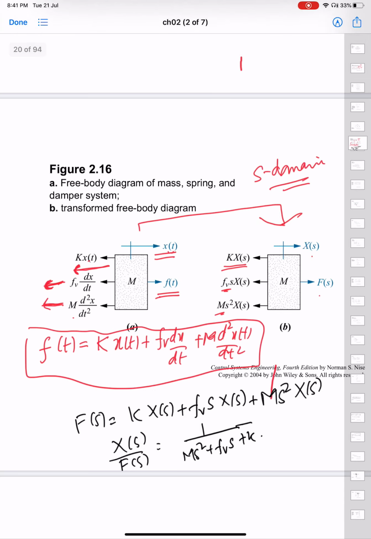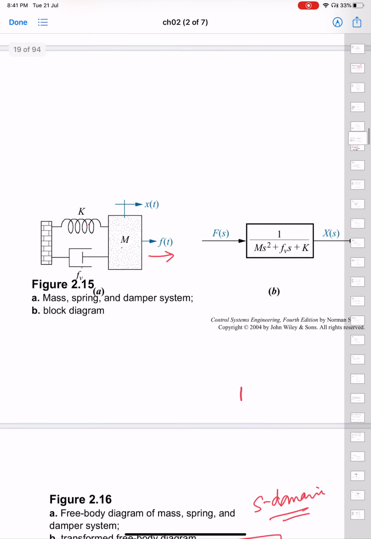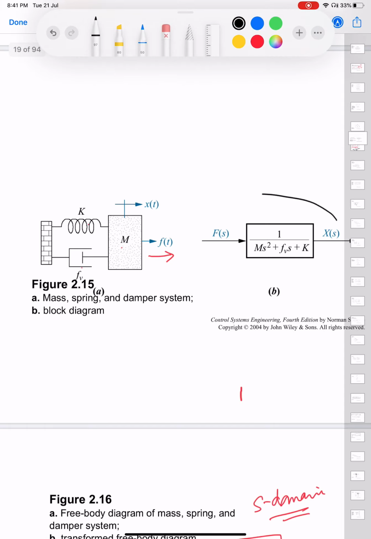And this is what we have been trying to do here, right? We have taken the input as the force and the output as displacement here, and we have written down the transfer function as 1 divided by m s squared plus Fv s plus k, right? This is for a simple mechanical system.